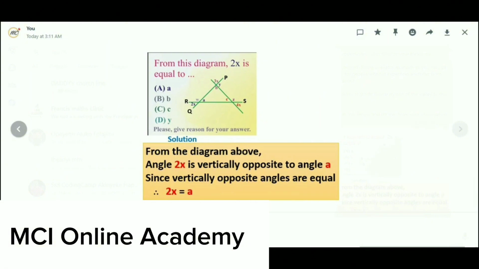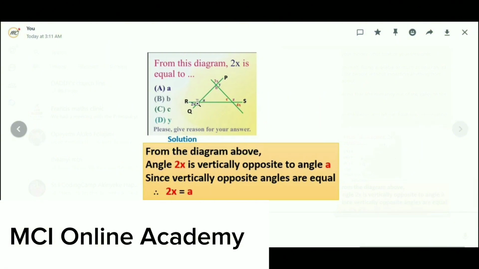Now, in this diagram, can you see this diagram? Line PQ, can you see it? Then line RX, these are 2 lines that intersect at this point.